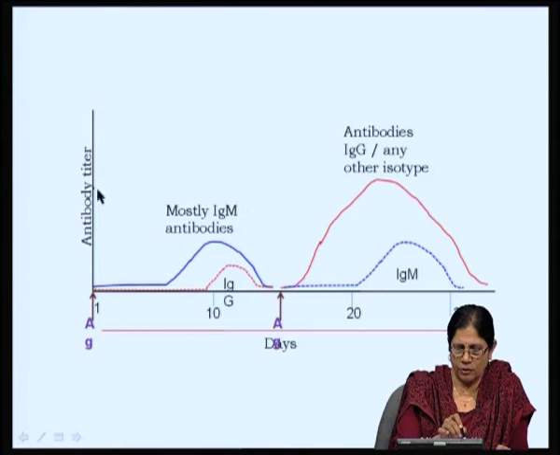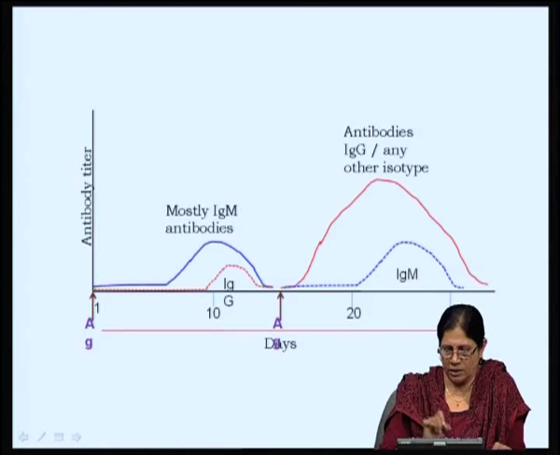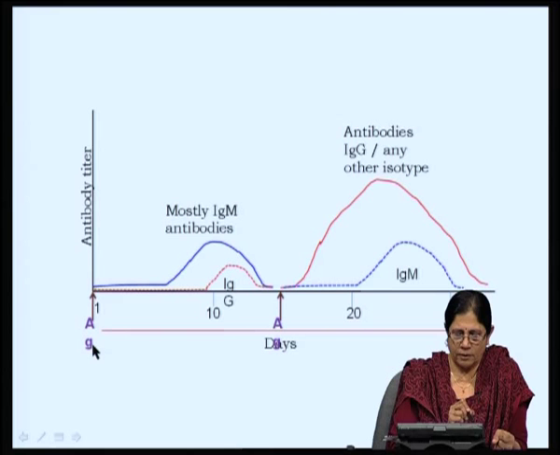What is written here on the y axis is the antibody titer, and x axis shows the days of immunization. Let us say this is a rabbit and has been injected on day 1 with an antigen, and the animal is test bled every other day, and the serum obtained from this test bleed is then tested for the presence of antibodies specific to the antigen.